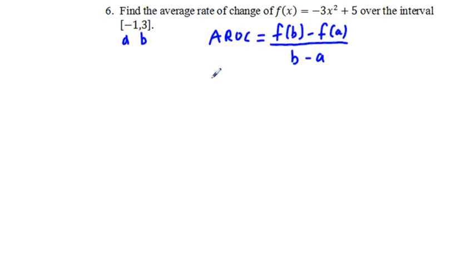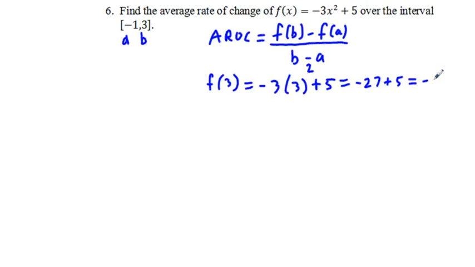So we'll just find f of 3, which is B. So we have negative 3 times 3 squared plus 5. And that's going to be 3 squared is 9 times negative 3, which is negative 27, plus 5 is equal to negative 22.